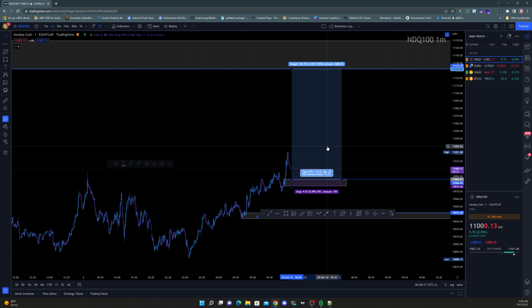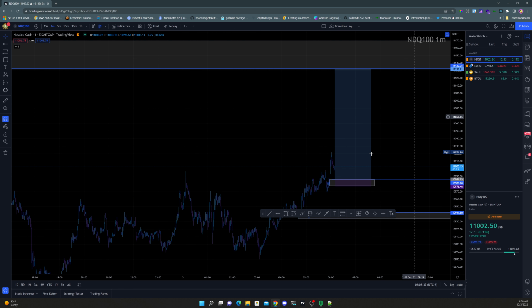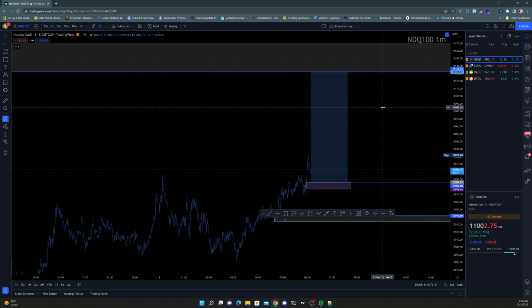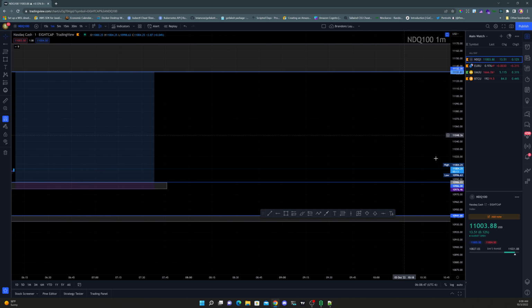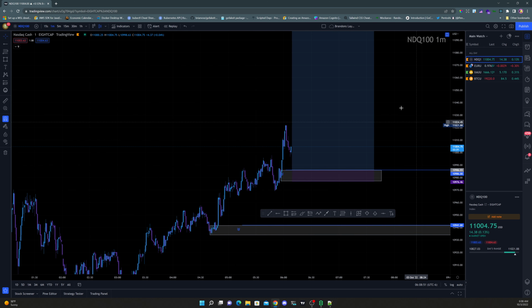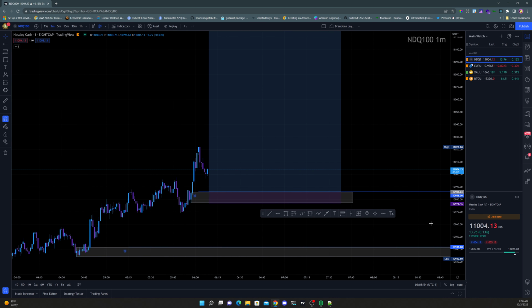Say price is going to be at this 10,986 point level, 10,986 and 3 points. If it pulls back, we could look for a confirm to go higher, all the way up to 11,132 points. So as we can see, we have a nice little range that we could trade.